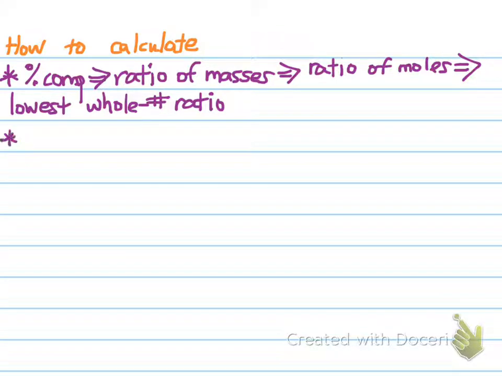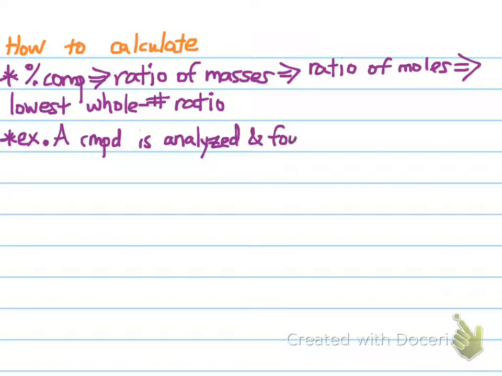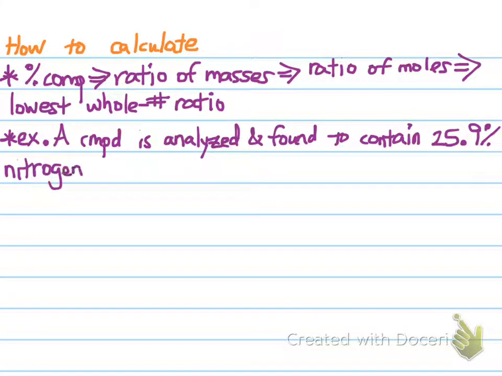So, our example: a compound is analyzed and found to contain 25.9% nitrogen and 74.1% oxygen.